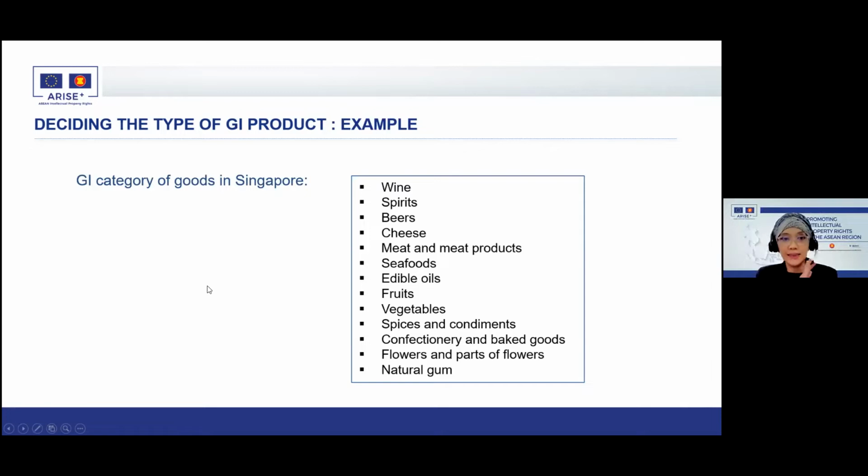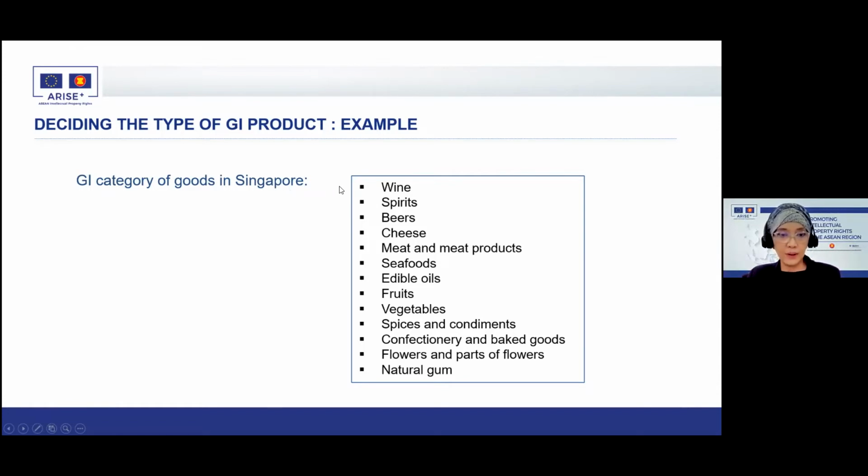Okay, so this is the type of products, an example from one of our members in ASEAN countries, Singapore. As I said, Singapore has a special regulation, I think implementing regulations substantiating the categories of GI.